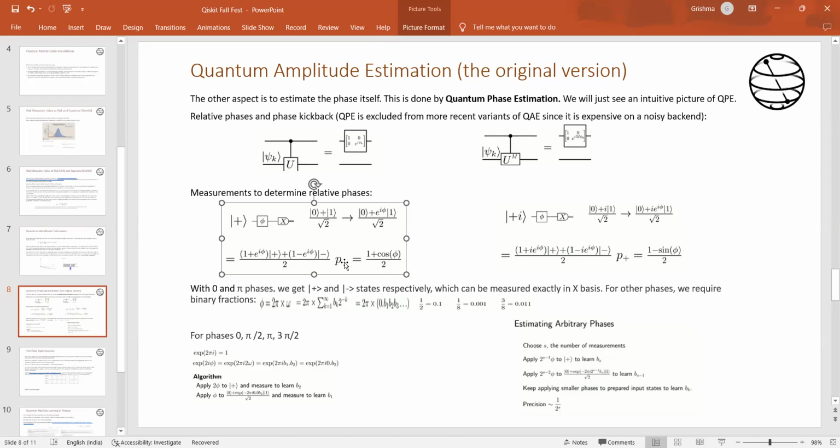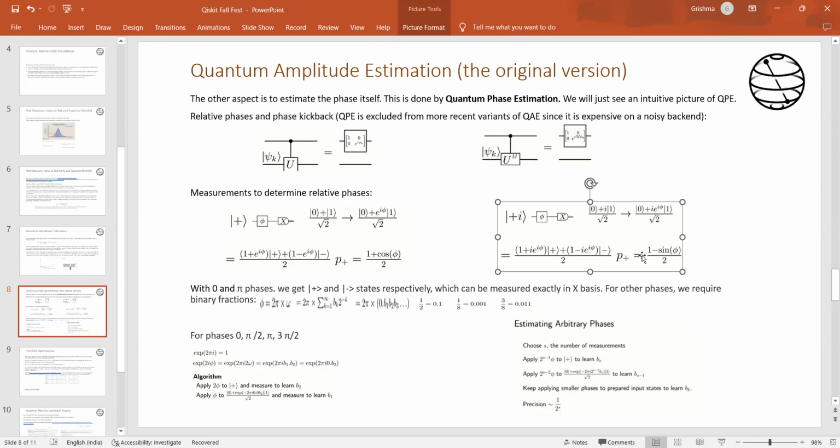And similarly, you have this as well. You can do this with the plus i eigenstate of the Y Pauli gate, and if you measure it in the X basis, you will have something like 1 minus sine phi by 2. So essentially the idea of quantum phase estimation is phase kickback.